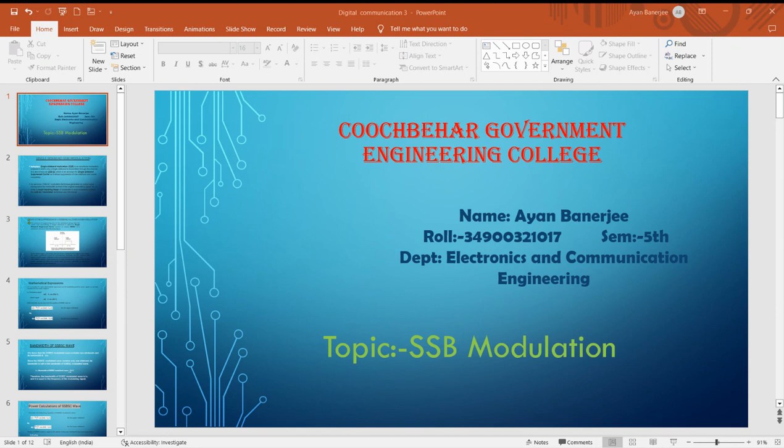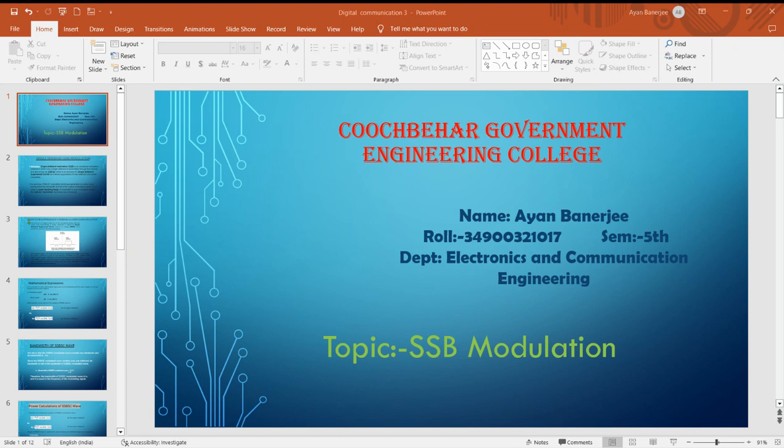We know that DSBSC modulated wave contains two sidebands and its bandwidth is 2fm. Since the SSBSC modulated wave contains only one sideband, its bandwidth is half of the bandwidth of DSBSC modulated wave.